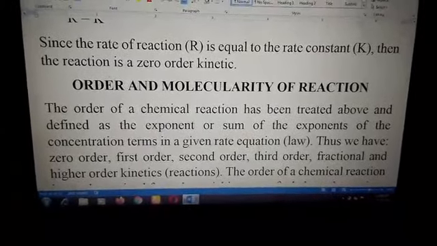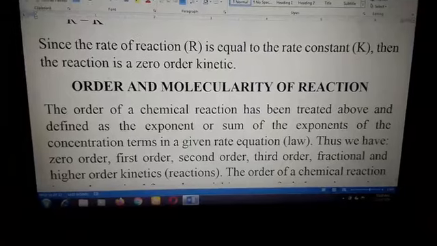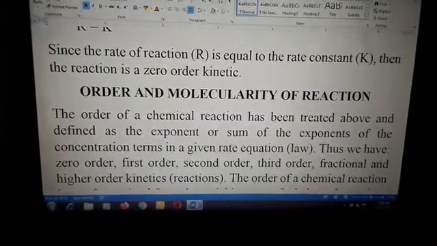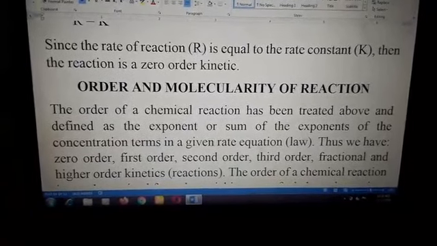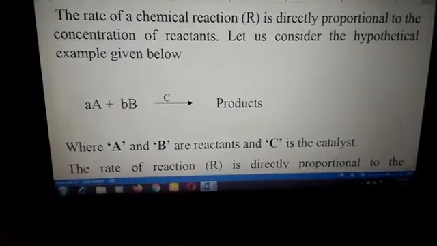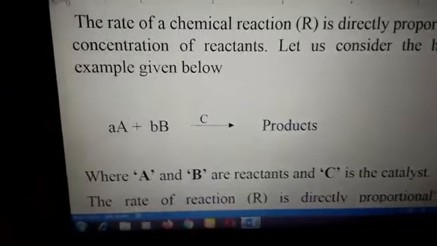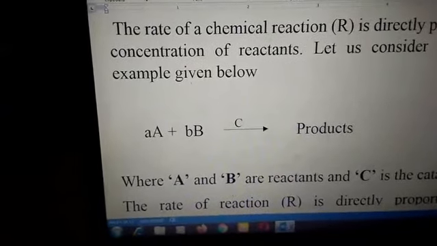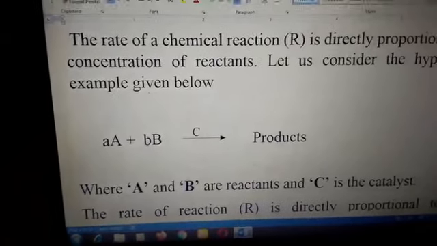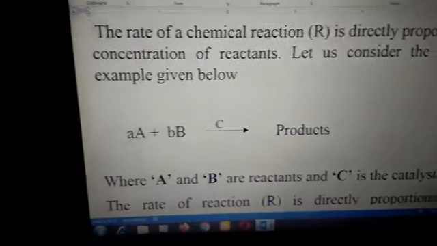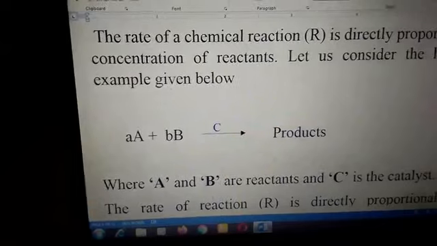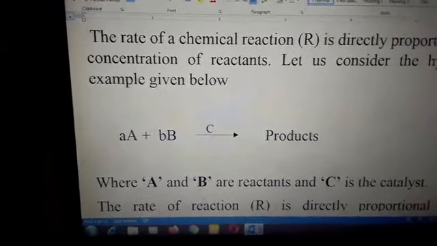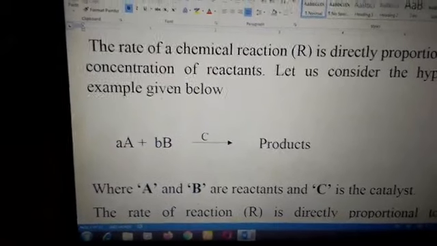So let's just take a view from what we have done before to show that order of reaction and the stoichiometric number of moles are not the same. So let's look at the example we took before that involved A and B reacting, where capital A and B are the reactants, and C is the catalyst. Then the small letter a and small letter b are the stoichiometric number of moles, or the coefficients, the number of moles of reactants in the balanced equation.